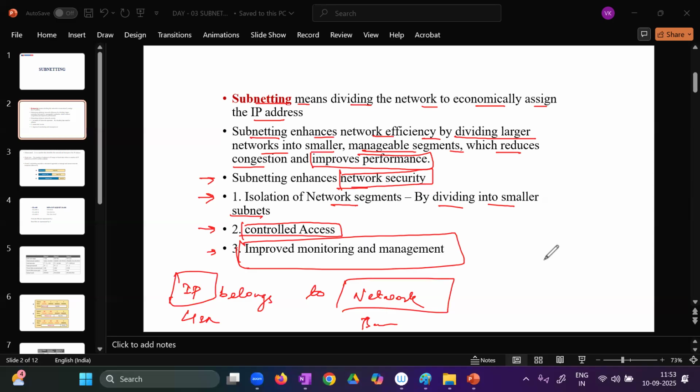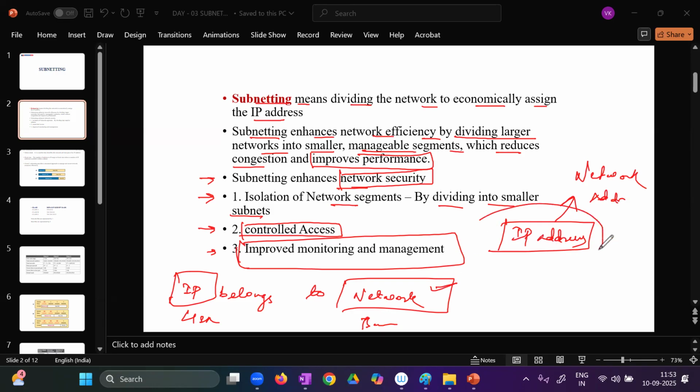So when you come to routing, let's say we have been given an IP address, but when you have to form the neighborship, when you have to exchange the route, you will not write the IP. What you will write? You will write the network address. That's why it is very important to understand how to find the network address of the given IP addresses, right?